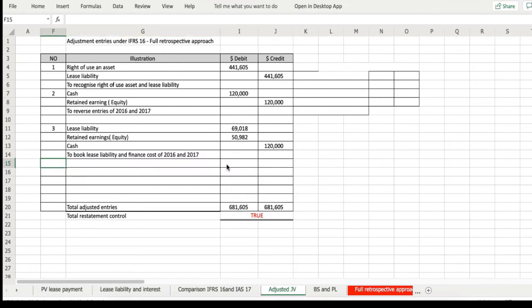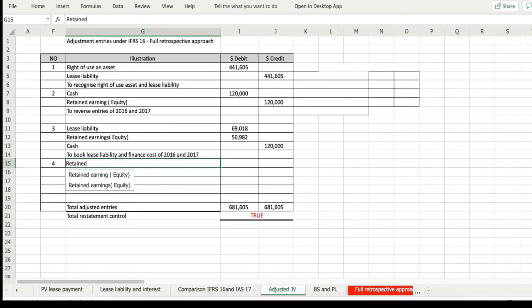So we need to decrease the right of use asset by charging the depreciation amounts. Normally the depreciation charge would be charged in the profit or loss, but for 2016 and 2017 these accounts, as I said, are already closed, so we need to charge the depreciation amount into the retained earnings.